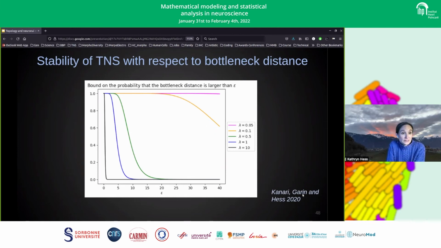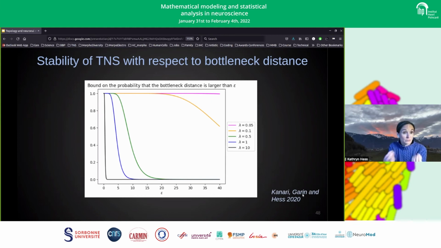So the first question, we formulate in terms of what we call the stability of topological neuron synthesis with respect to bottleneck distance. So here, this is the idea of saying we start with a barcode, we look at an associated tree, and then we get a new barcode from that. So we start with the barcode, apply the topological neuron synthesis, it gives us a new neuron, and then we look at the associated barcode.